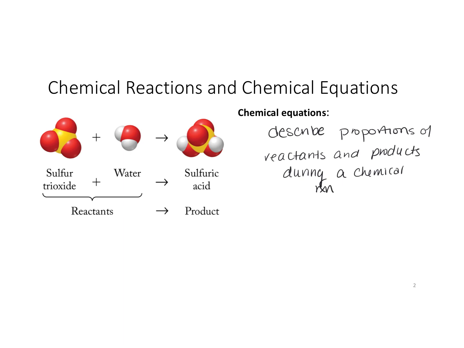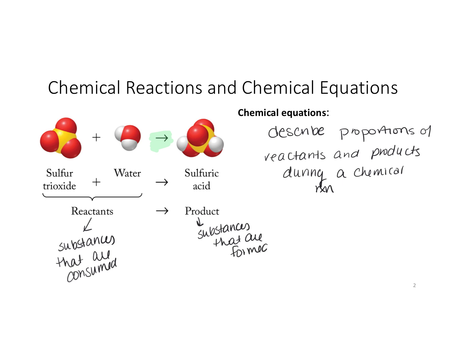When we look at a chemical equation, just to orient yourself, it's helpful to find the arrow. This arrow is going to separate the reactants from the products. Reactants are the substances that are consumed, and products are the substances that are formed. The arrow separates those two.